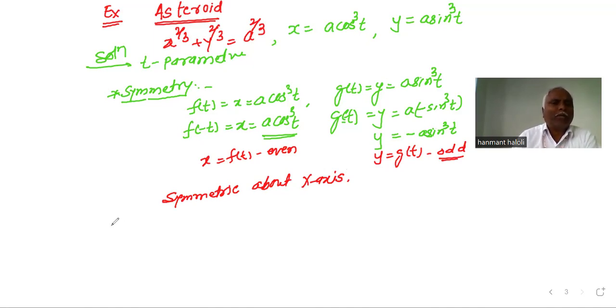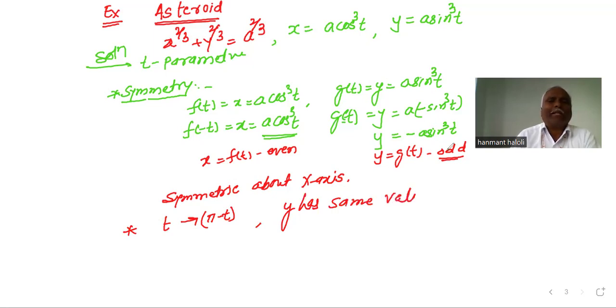Now, second point: replace t by pi minus t. Then y has the same value. Sine of pi minus t is the same as sine t.